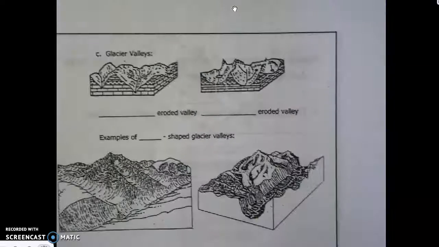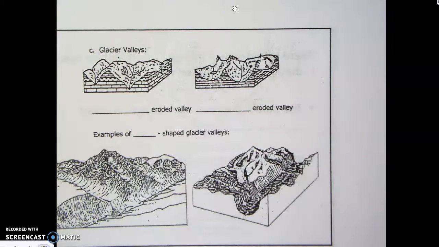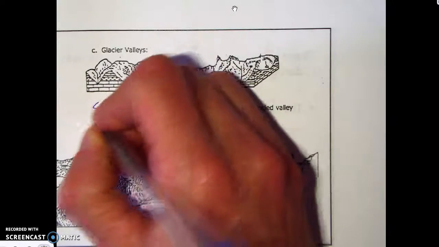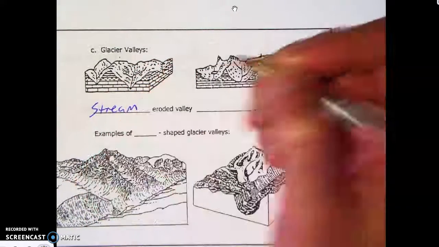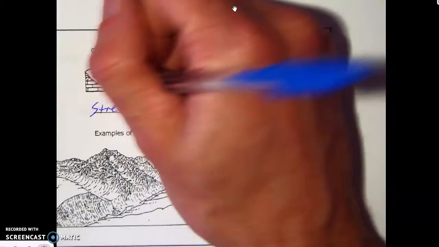If we look at valleys in mountains, we can see evidence of glaciers, even though the glaciers may be gone. When a stream does erosion, a stream-eroded valley is going to have a V-shaped valley.